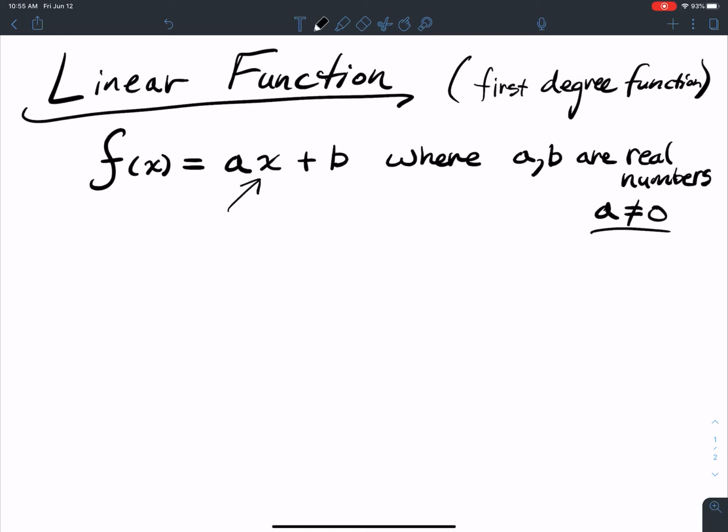If a was 0, this would not be a first degree linear function. It would just be a constant horizontal line.